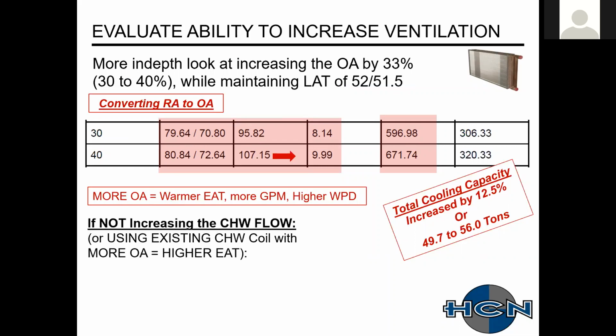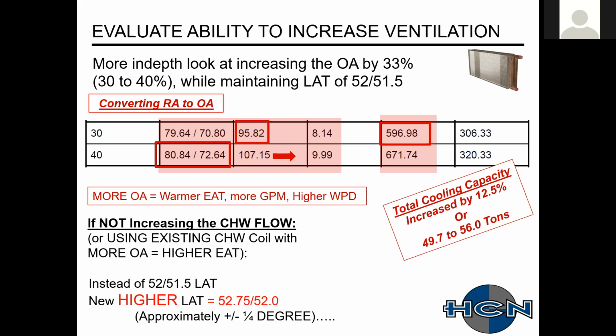Now, instead of increasing the chilled water, what would happen if we kept our existing chilled water the same, but then increased our outside air? We're going to have a higher entering air temperature. So what I did was I took an Aeon DX coil, I inputted the higher entering temperatures, and then inputted the output of cooling.